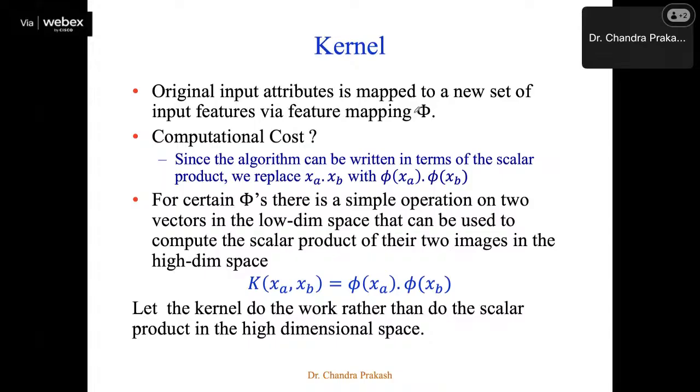So kernel is basically where the original input attributes are mapped to a new set of input features via some feature mapping. Since the algorithm can be written in terms of the scalar product, we can replace xa and xb with phi of xa and phi of xb. Here phi is a simple operation in a low dimensional space that can be used to compute the scalar product of these two data points or images in high dimension.